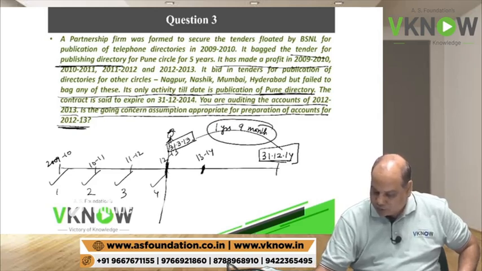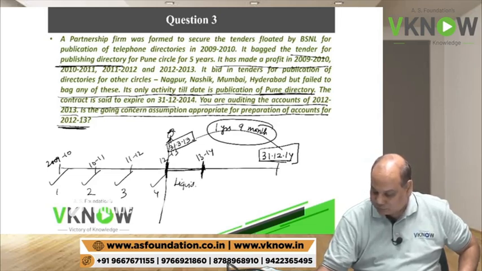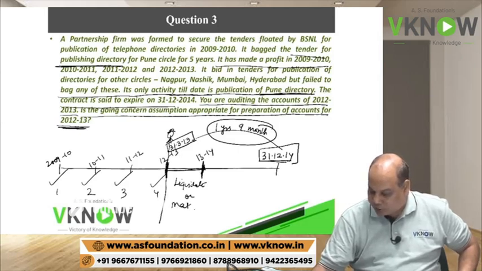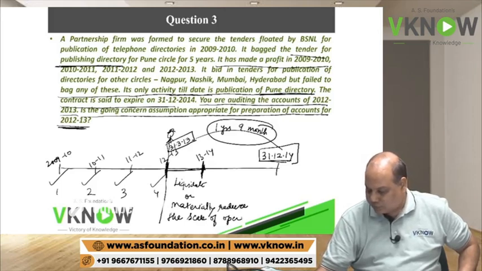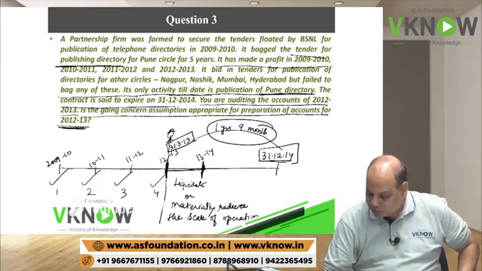What I have to see is whether the company is going to liquidate or materially reduce the scale of operation in the next 12 months. The next 12 months are clear.